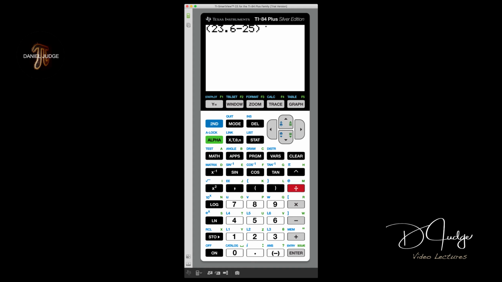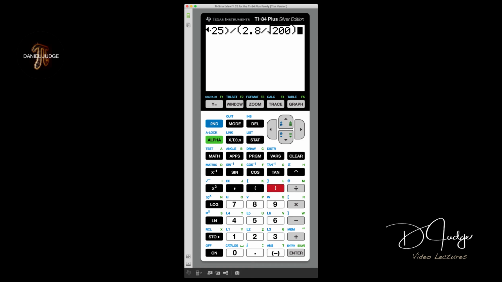Then I divide and open my parentheses again because I have some work to do in the denominator: 2.8 divided by the square root of 200. I move out of the region under the radical with the arrow, and then I close the parentheses.